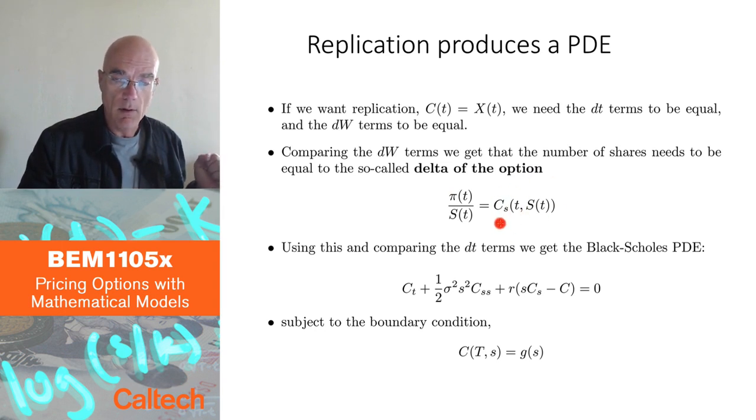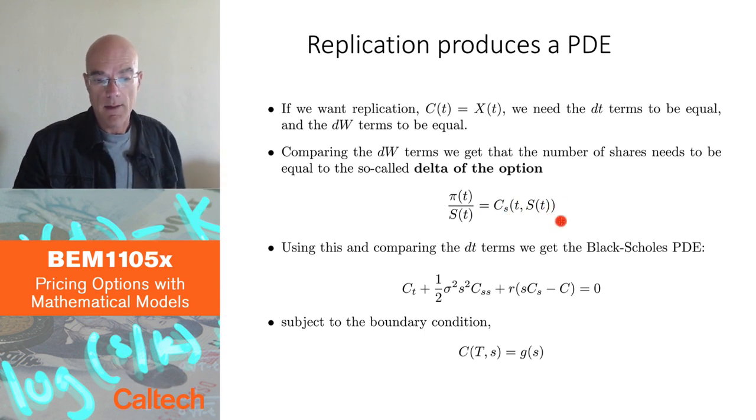It's the derivative of the option price with respect to the underlying. Partial derivative of the option price as a function of the underlying. That's called the delta of the option. That's exactly how many shares you should hold if you have a hope of replicating your option. Okay? The number of shares has to be equal to the delta of the option, meaning to the first derivative of the option price with respect to the underlying.